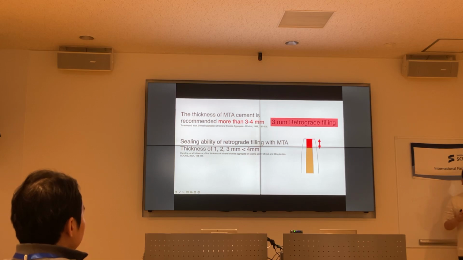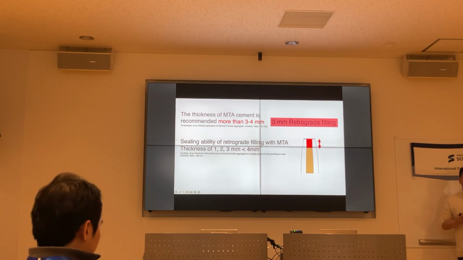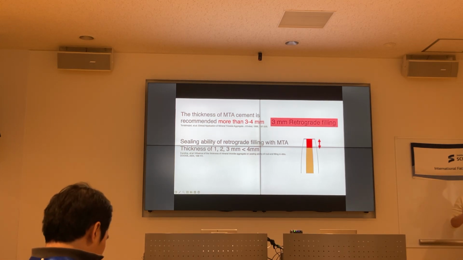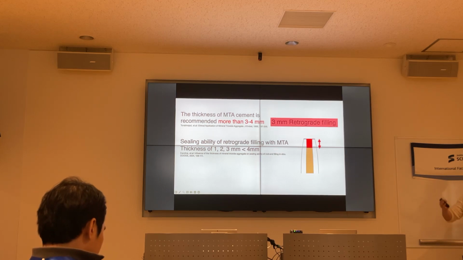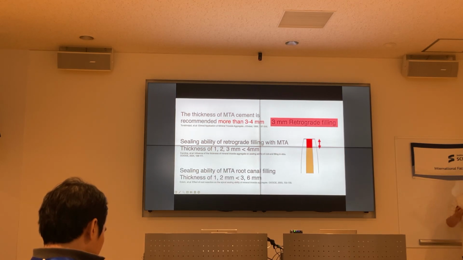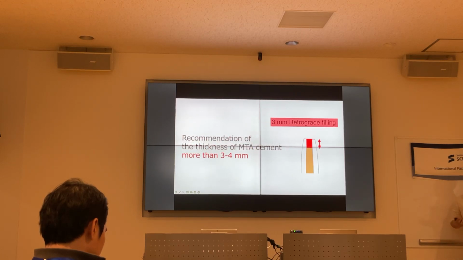For retrograde filling with MTA cement, a thickness of 4 mm gives better sealing than 1 to 3 mm. For MTA root canal filling, a thickness of 3 mm or 6 mm is better than 2 mm. So from such previous articles, the recommended thickness of MTA cement is more than 3 to 4 mm.